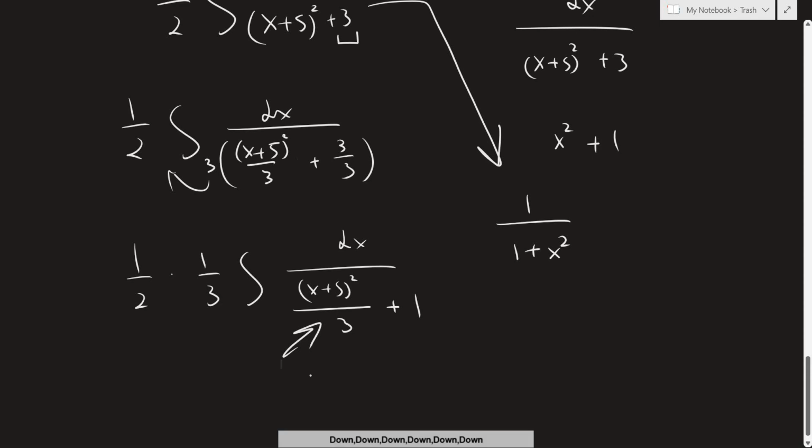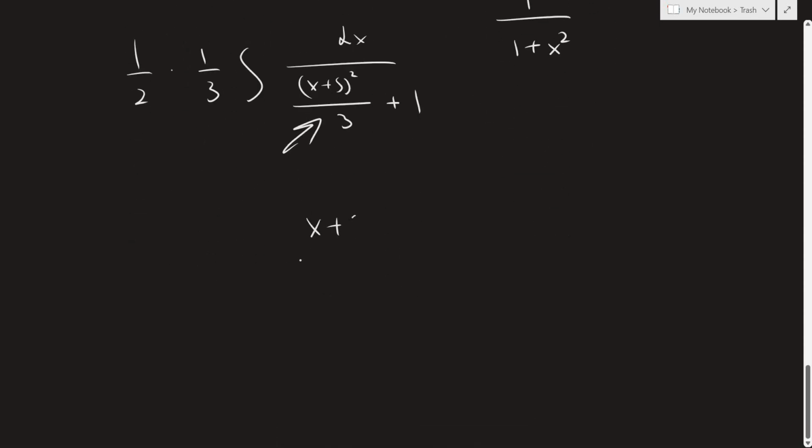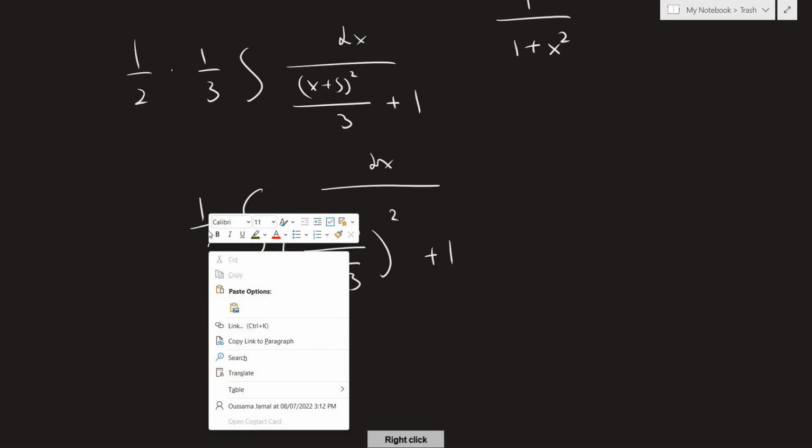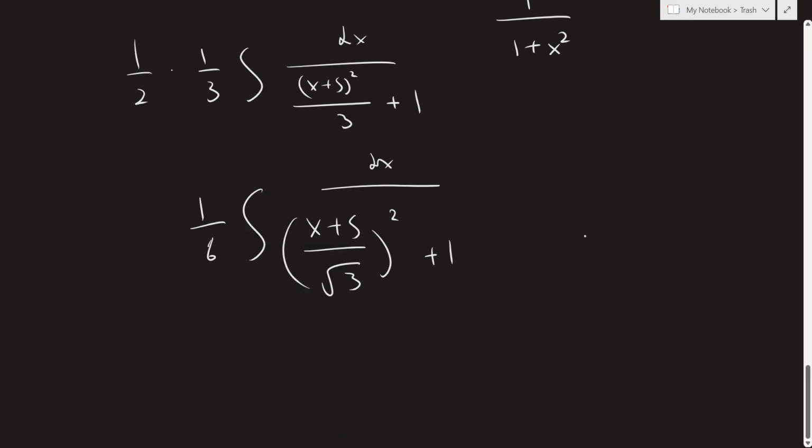Great, but we need to change this. And like the whole thing should be squared. So x plus 5 over radical 3 squared. Because now if we distribute the 2, it's going to be just the same as this one. Okay, so x plus 5 over radical 3 squared plus 1. Great, we reached. So 1 over 6, since 1 over 2 times 1 over 3.